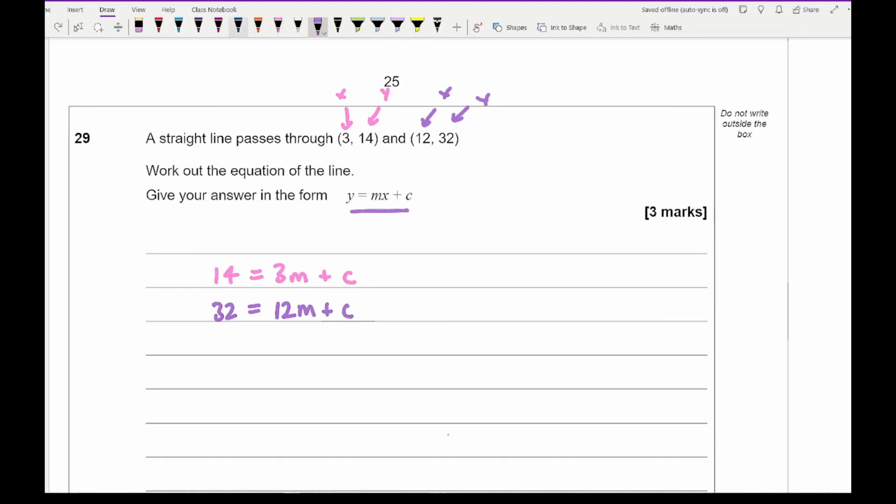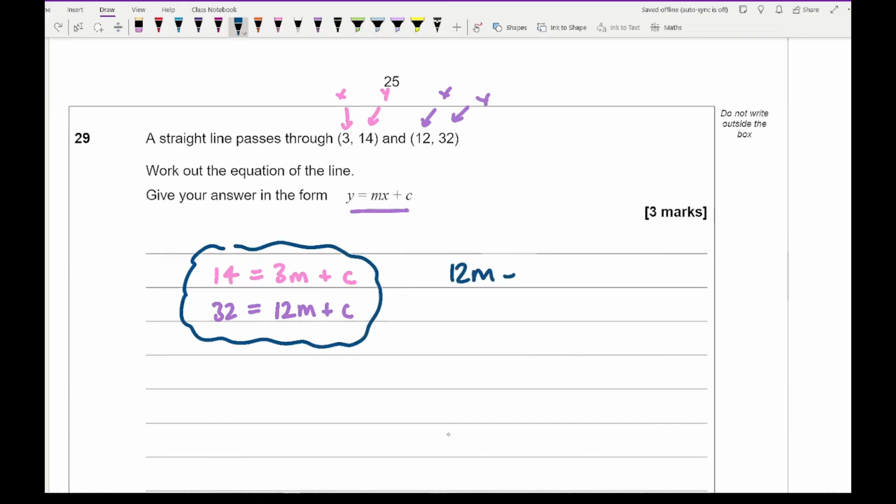Taking these two equations, if I write it more commonly as a simultaneous equation, I've got 12m plus c equals 32, and 3m plus c equals 14. Now as you can see, I've got the same number of c's and they're both the same sign, so I take away the two equations.